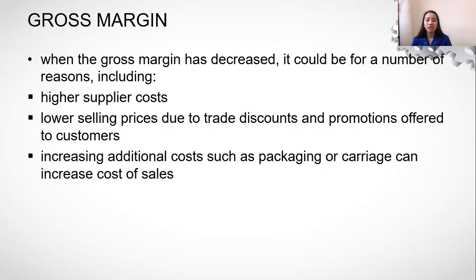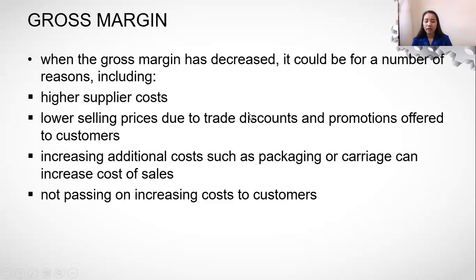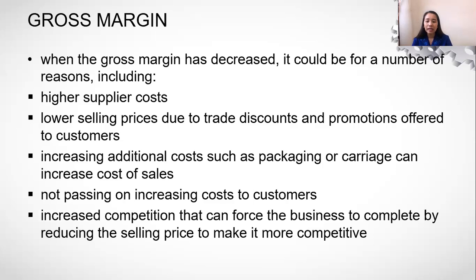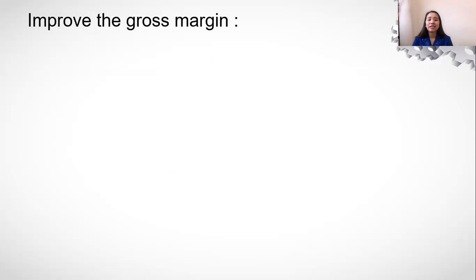Increasing additional costs such as packaging or carriage can increase cost of sales, and then not passing on increasing costs to customers. Increased competition can force the business to reduce the selling price to make it more competitive, so our product can compete with another product.